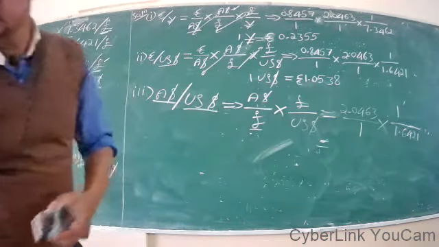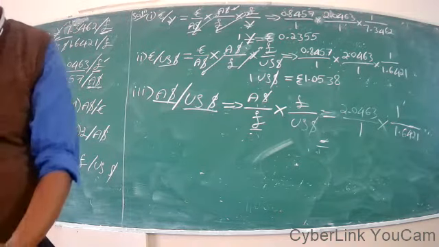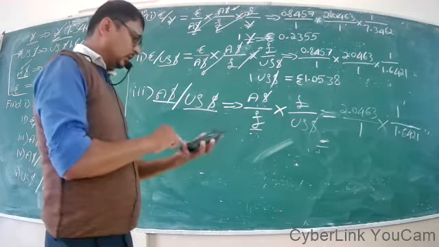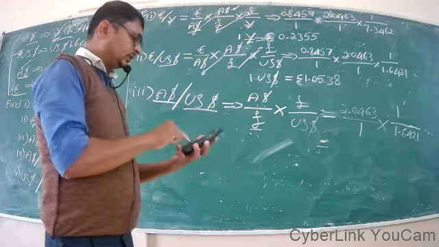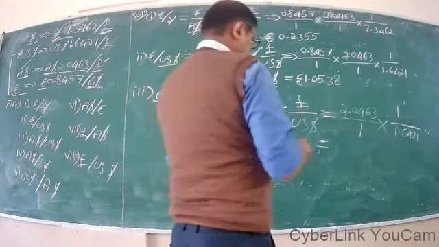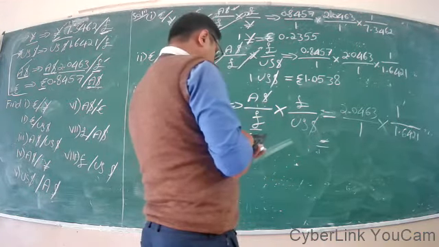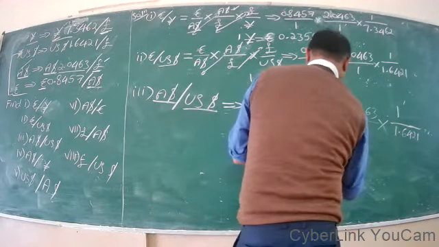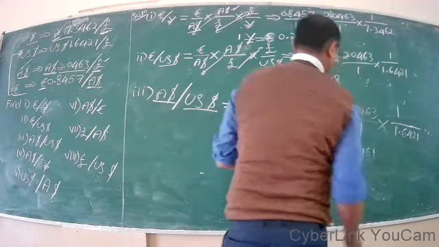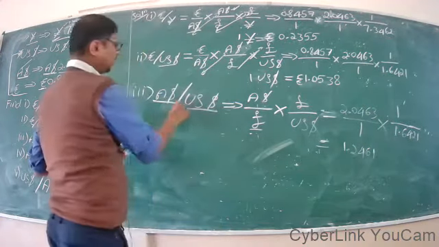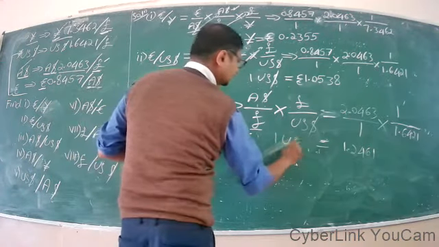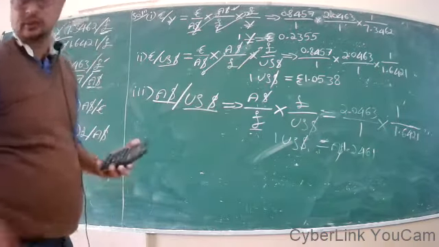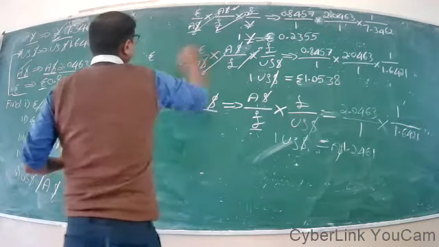So you need to calculate this: 1 divided by 1.6421 into 2.0463. That is 1.2461. So they are asking Australian dollar per US dollar. That means per single US dollar, Australian dollar 1.2461. Right? Very easy to simplify.